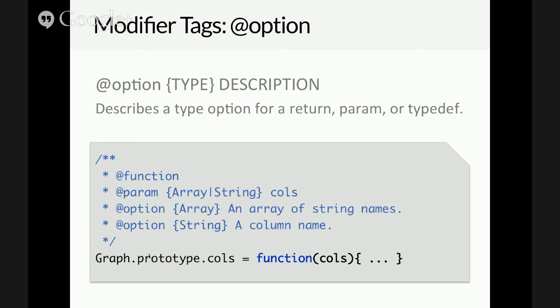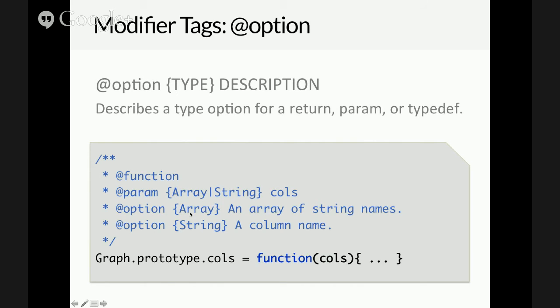Option is used for two things. One, it's used to define a type set. So I have a parameter that's taking an array of strings or a string, and I can describe either type individually. So it can be used to describe a type set.